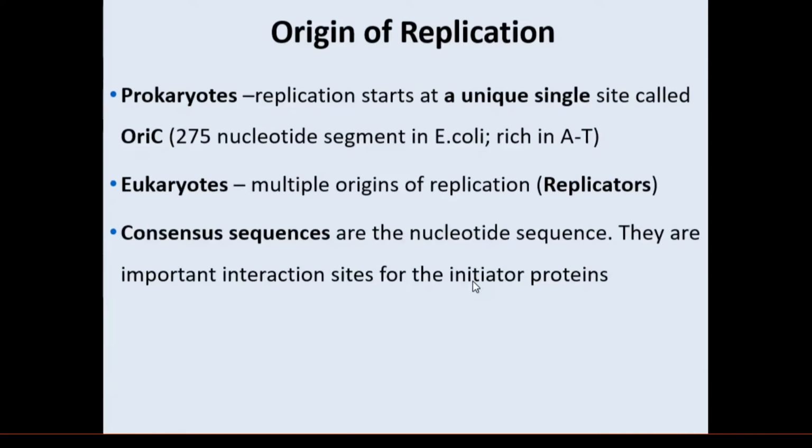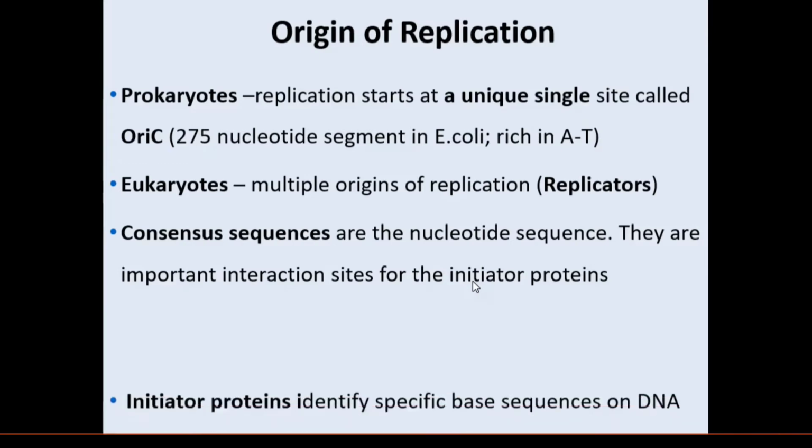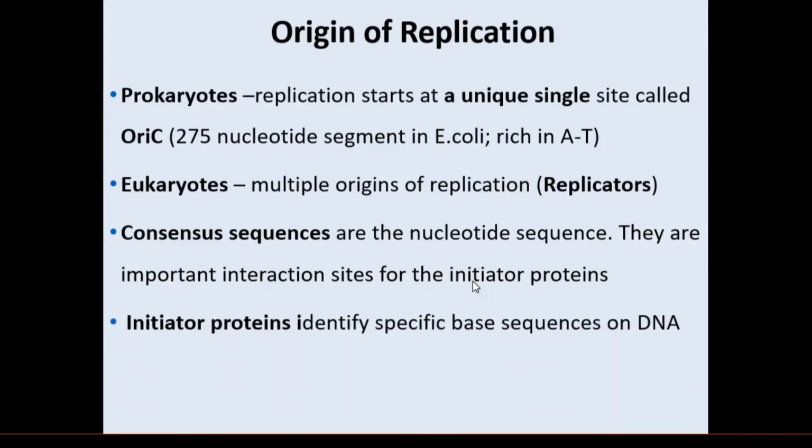These multiple origins of replication are recognized by specific sequences called consensus sequences. Consensus sequences are the nucleotide sequences present at the site of origin, and they are important for the interaction of the initiator proteins. Now, what are initiator proteins?